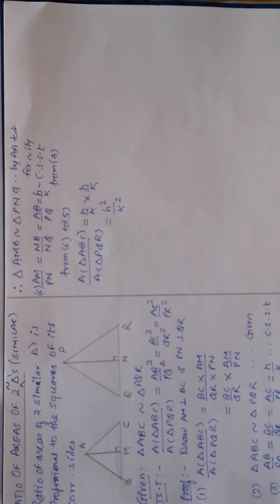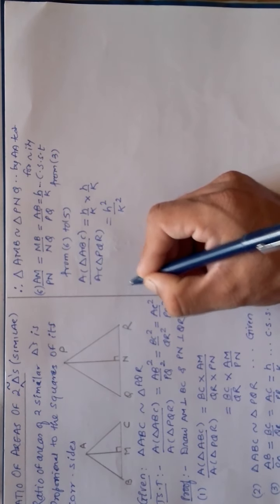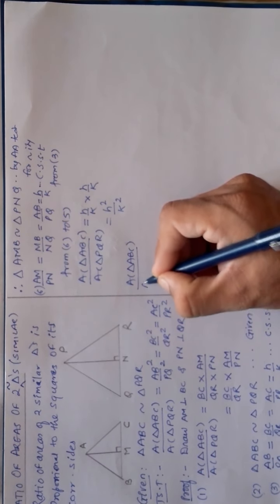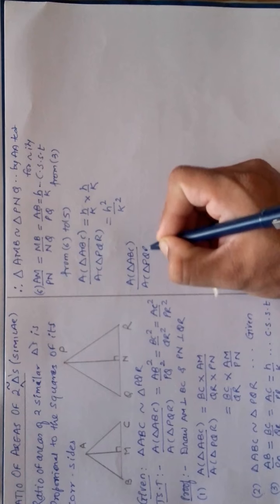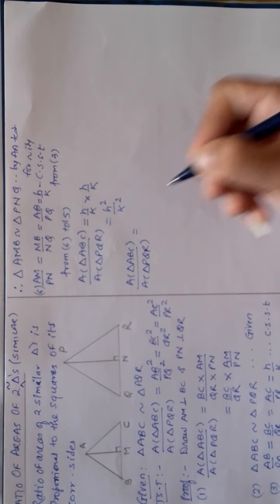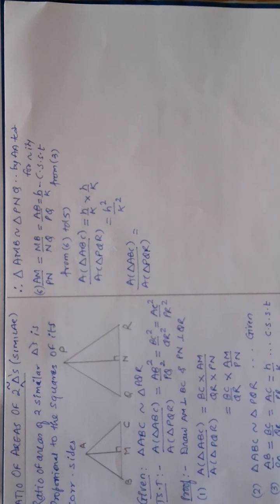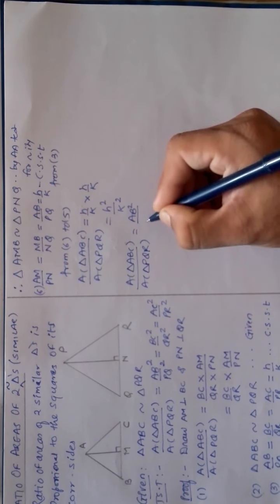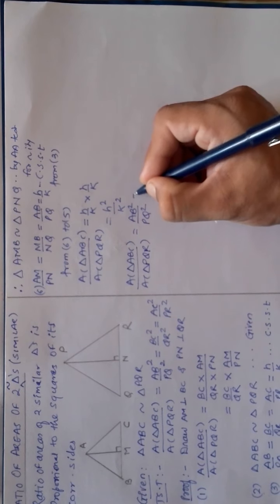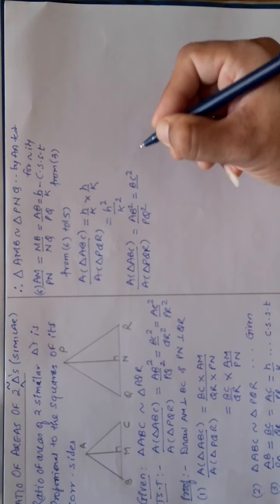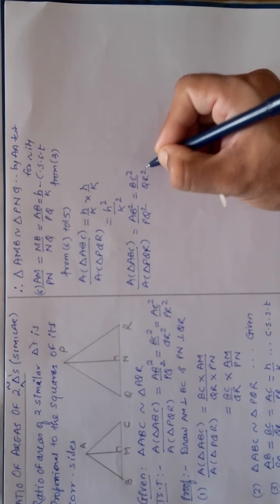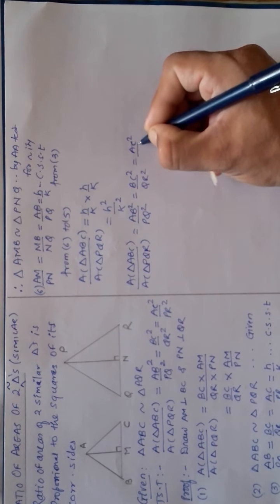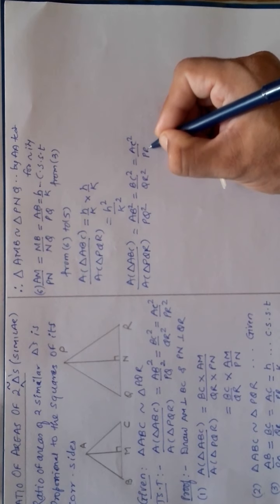So I get here area of triangle ABC is to area of triangle PQR. Now who all are H is to K? That is AB is to PQ. So I get here AB square is to PQ square, also equal to BC square is to QR square, also equal to AC square is to PR square.